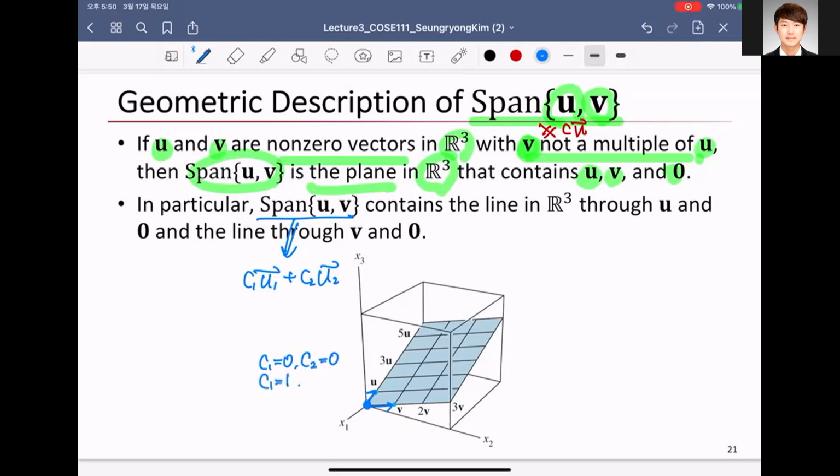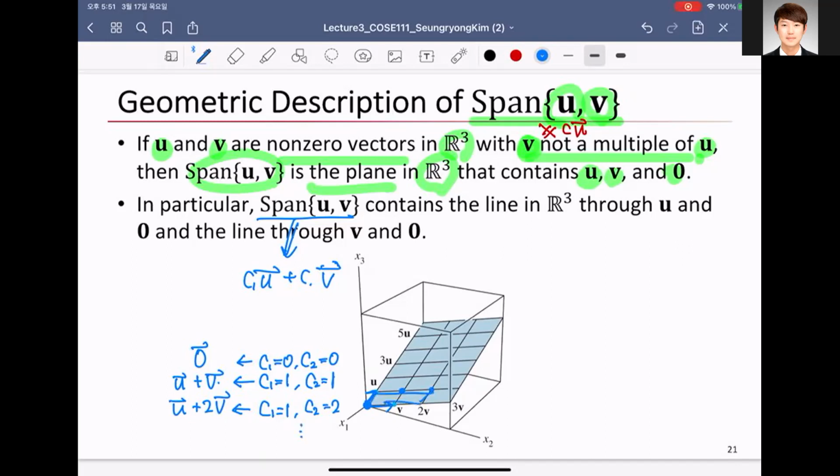C1 is equal to 1 and C2 is equal to 0 gives just U. C1 equal to 1 and C2 equal to 1 gives U plus V. C1 equal to 1 and C2 equal to 2 gives U plus 2V, which is here by the parallelogram rule.